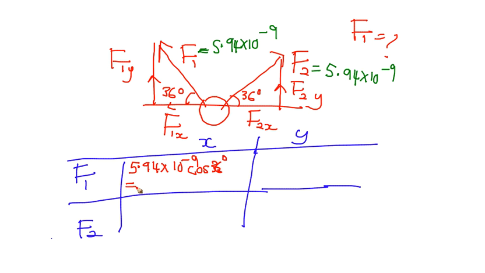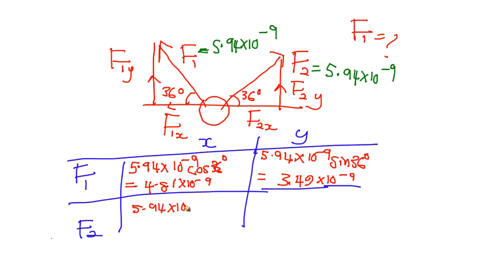So this is equal to 4.81 exponent minus 9. F1 resolved to the y-axis, you use 5.94 exponent minus 9 times sine 36, so this is equal to 3.49 exponent minus 10.